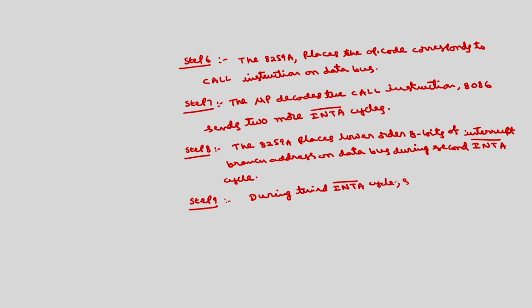The 8259A places the higher order 8 bits of the call address, the higher order 8 bits of the interrupt branch address, on the data bus.